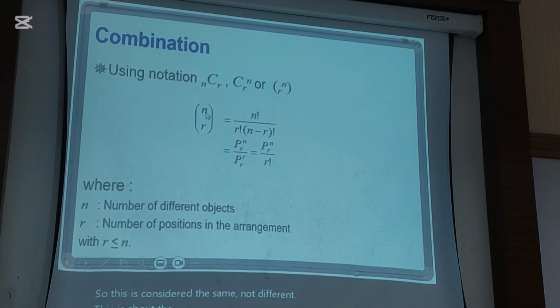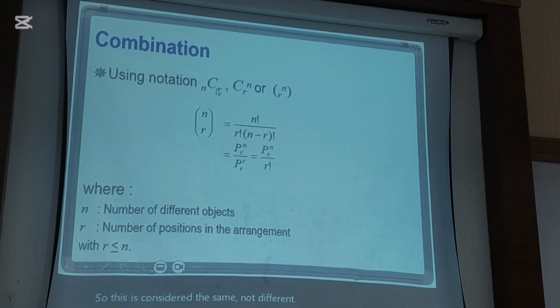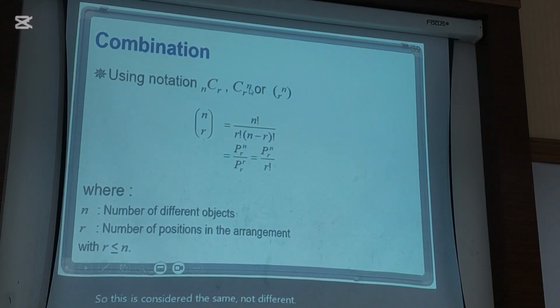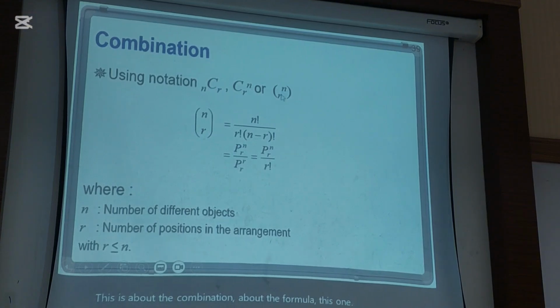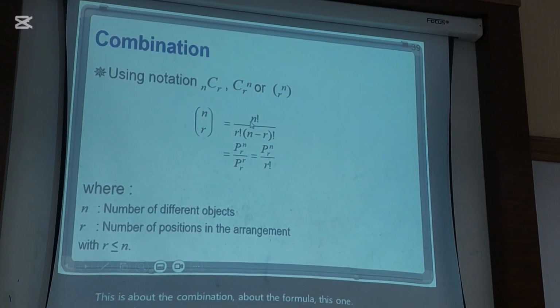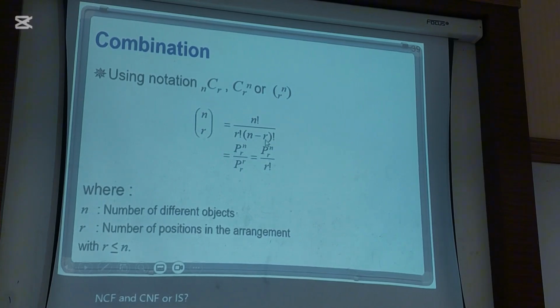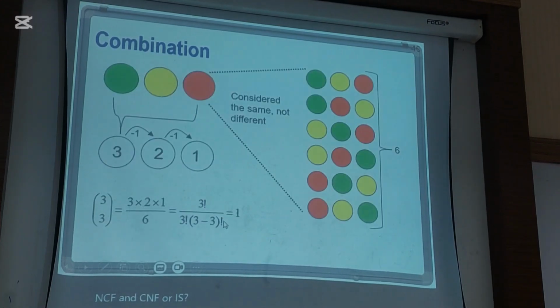The formula is nCr equals n factorial divided by r factorial multiplied by (n minus r) factorial.